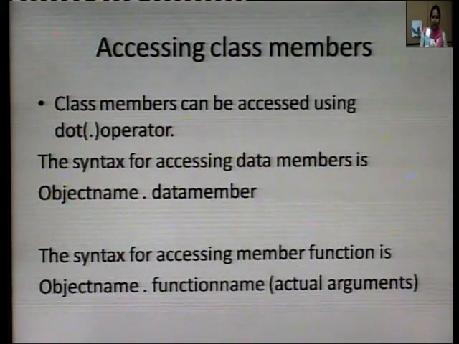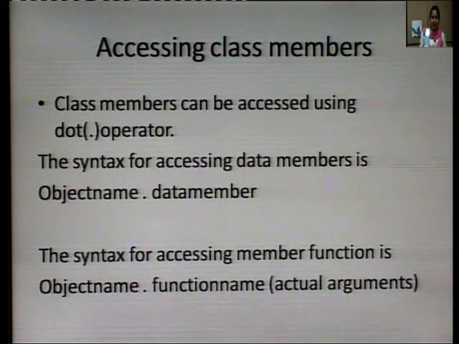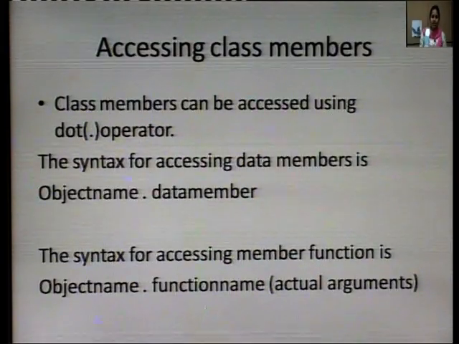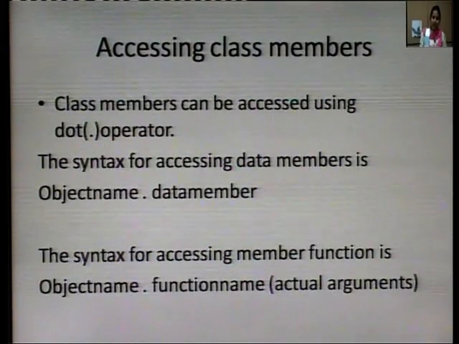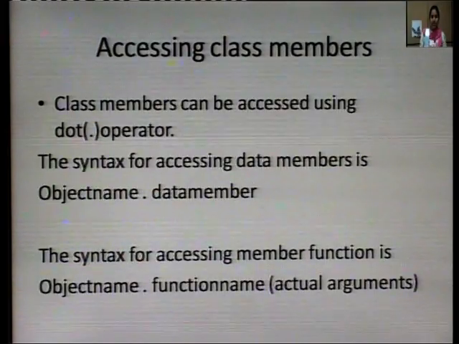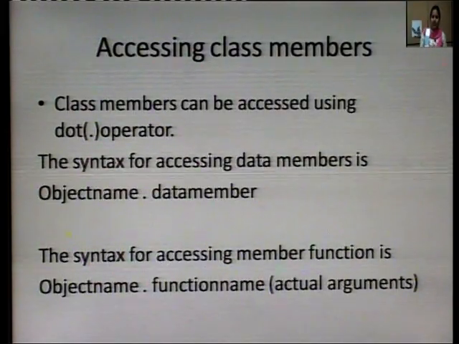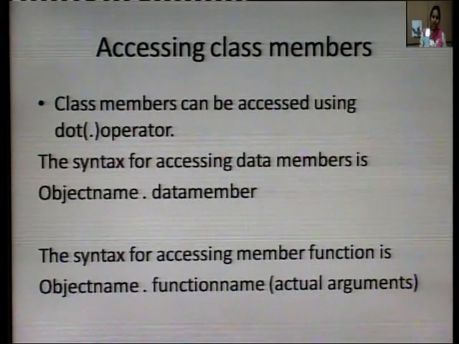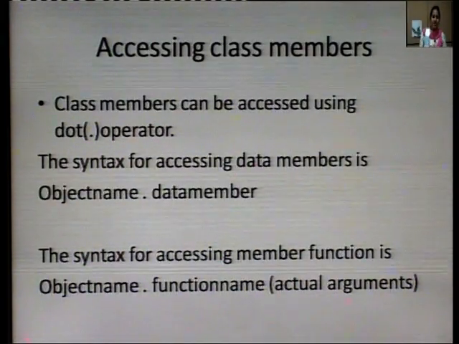The syntax for accessing a data member is, first of all we have to define the object name, whichever object is declared, then dot, that is the member access operator, then the data member. After that the compiler will understand that this data member belongs to the particular class for which the object is created.